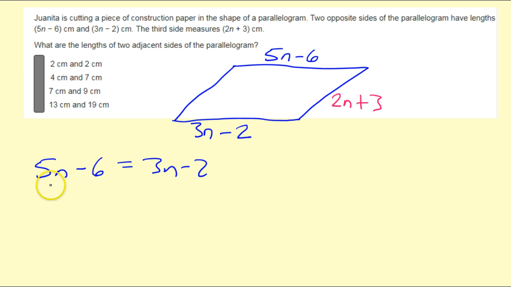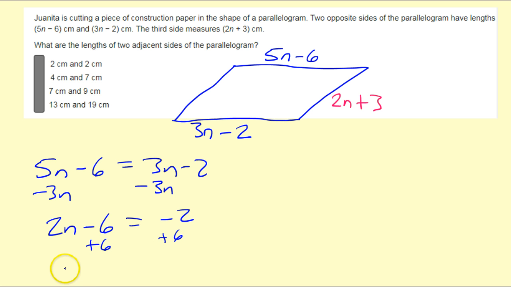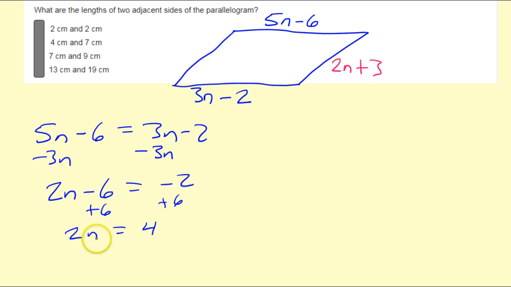So these two must be equal so we can make an equation. Let's solve this equation for n. Subtract 3n from both sides. That's 2n minus 6 is equal to negative 2. Add 6 to both sides. That's going to give us 2n is equal to 4. Divide both sides by 2. And that gives us n is equal to 2.